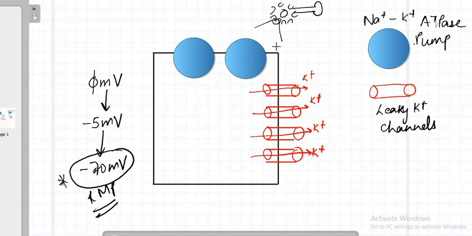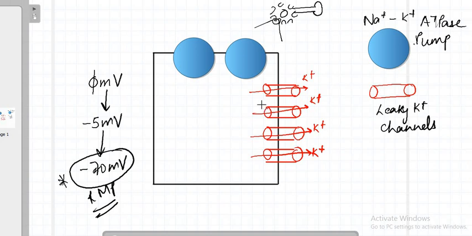The blue ones which are observed are the carrier proteins embedded in the cell membrane of the nerve cell. They are known as the sodium potassium ATPase pump. And the red ones embedded in this cell membrane are the leaky potassium channels.